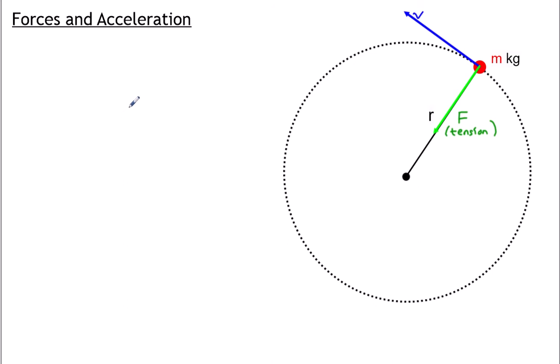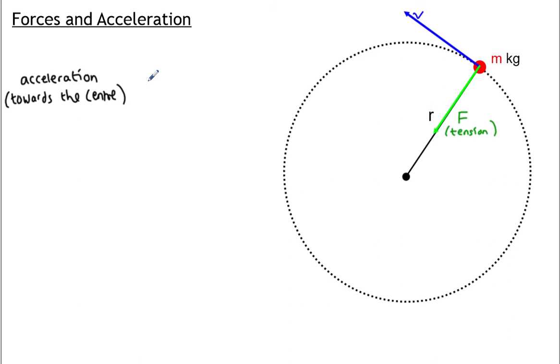Now if there's a force and there's a mass, Newton's second law says there must be an acceleration. Now you don't need to know the proof for where this comes from, but the acceleration, and bear in mind because the force is towards the centre, so is the acceleration, because this is what's causing the thing to be constantly changing direction and not flying off in a straight line.